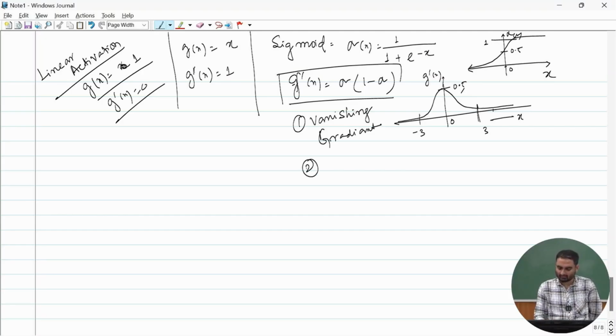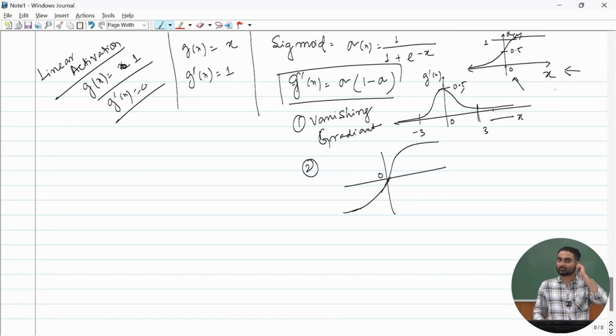The second problem is that the sigmoid is not symmetric around 0. What do we mean by symmetric around 0? Let's say instead of this function, we had a function like this, with 0 here. So this is symmetric around 0. Why is this important?